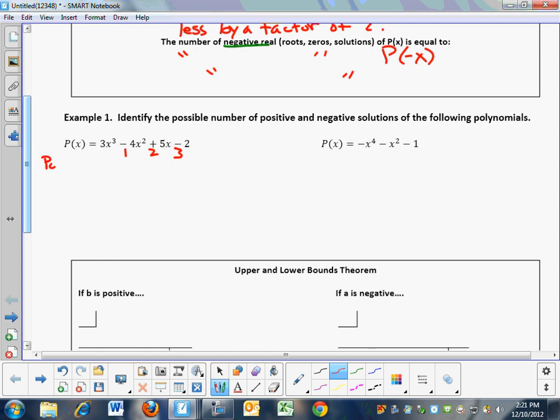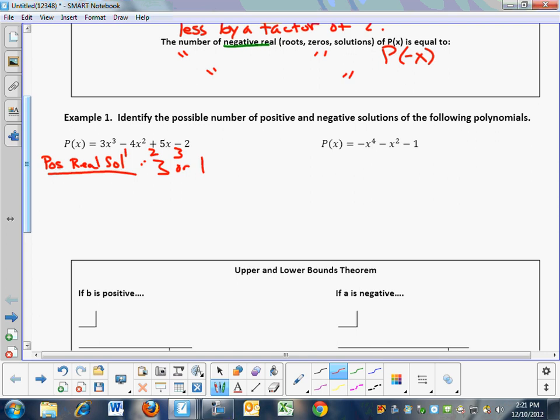So, positive real solutions. I will either have 3 of them because there are 3 sign changes, or less by a factor of 2. So I would just subtract 2 from 3 and get 1.